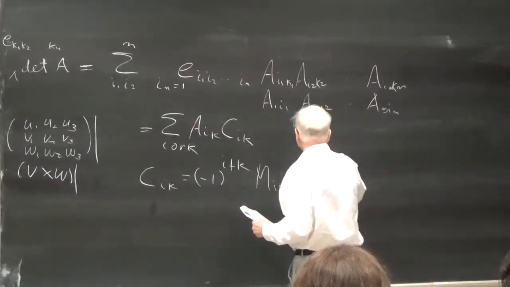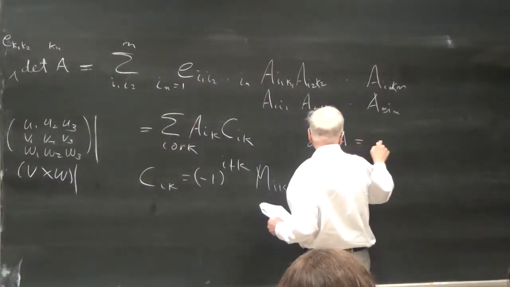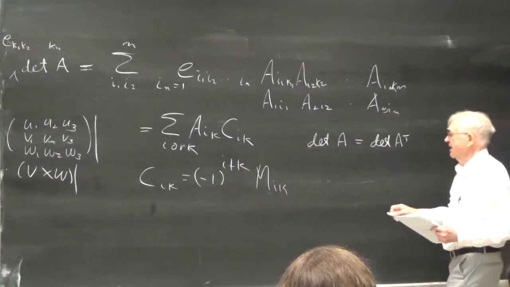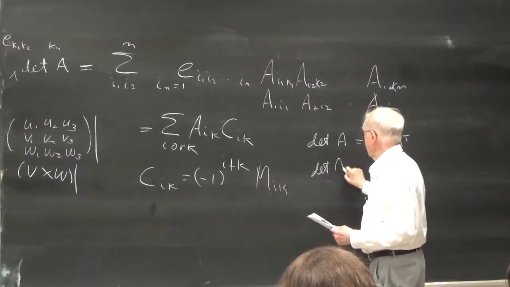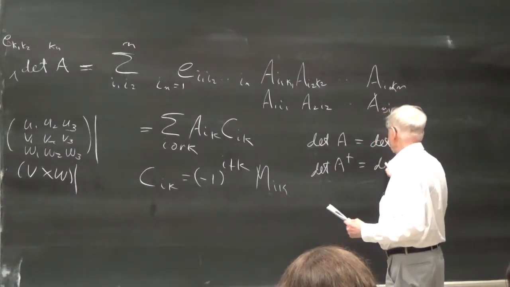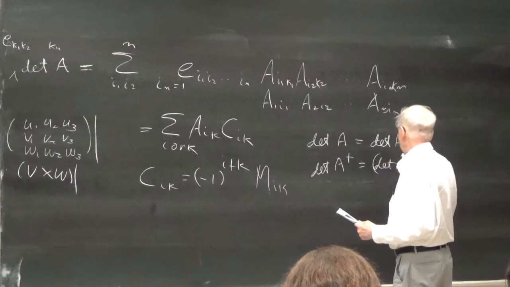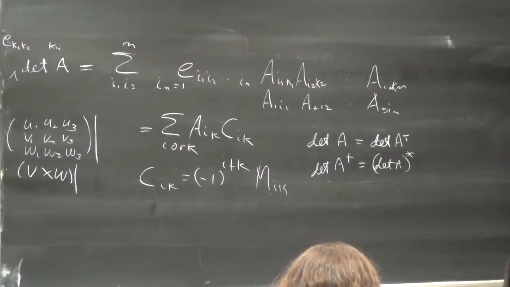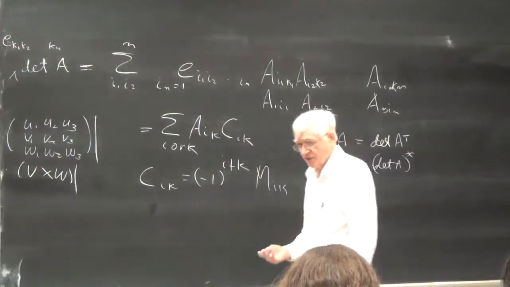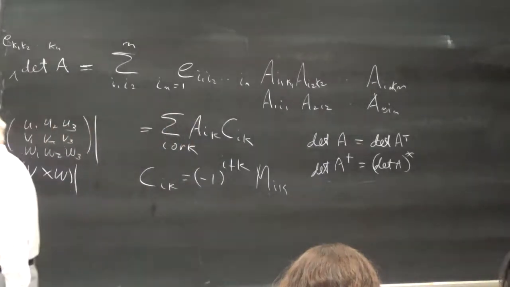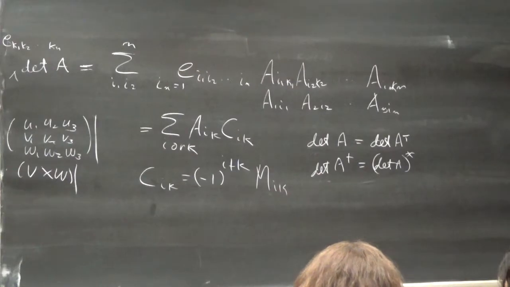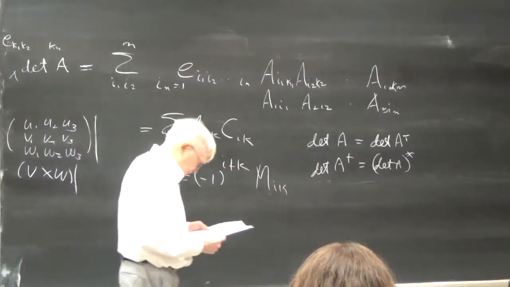All right, let me emphasize once again that these things tell us the determinant of a matrix is the same thing as the determinant of the transpose of a matrix. And so the determinant of the adjoint of a matrix is just the complex conjugate of the determinant of the matrix. Now, there's so much antisymmetry in a determinant that if any two rows or columns are the same, the determinant vanishes.